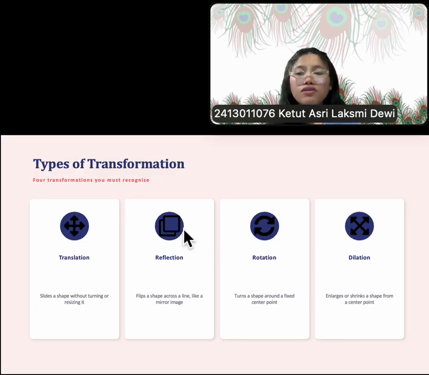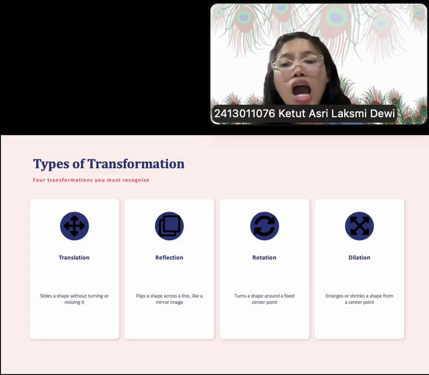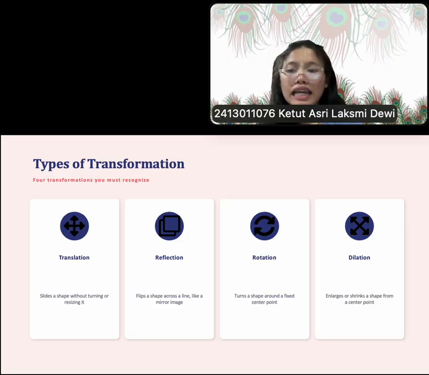Now, let's move to the 4 types of transformation that you must know. The first is translation, which slides a shape from one place to another without turning it or changing its size. The second is reflection, which flips a shape across a line just like a mirror image.